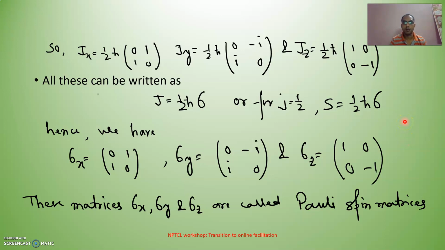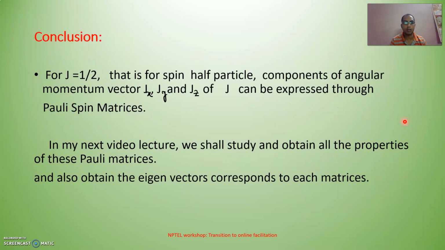In conclusion, for j is equal to half, we have obtained the matrix representation of Jx, Jy and Jz, and correspondingly the Pauli spin matrices sigma x, sigma y and sigma z.